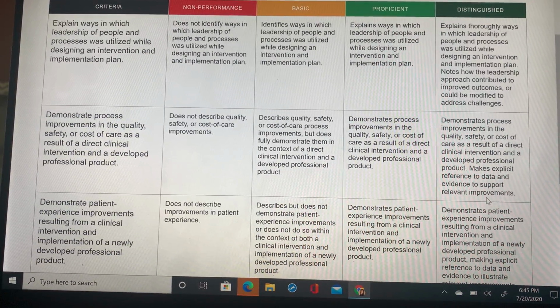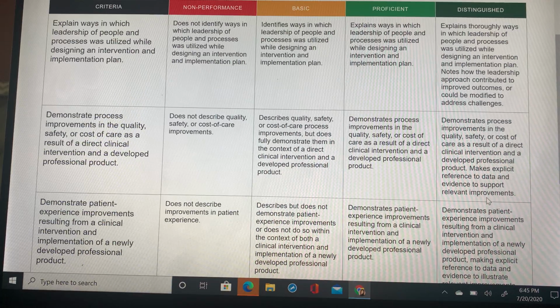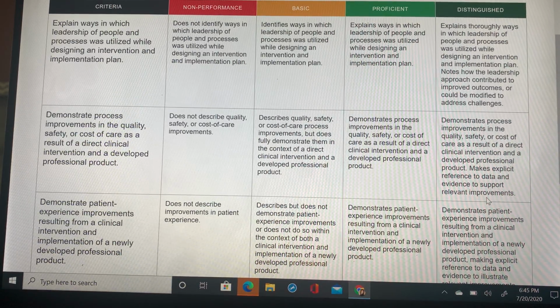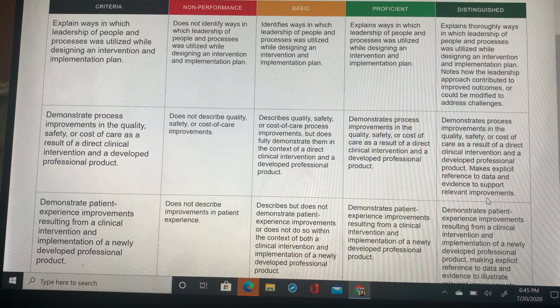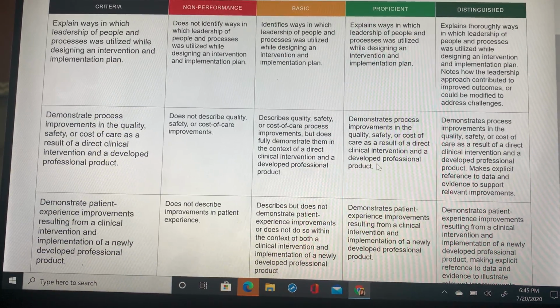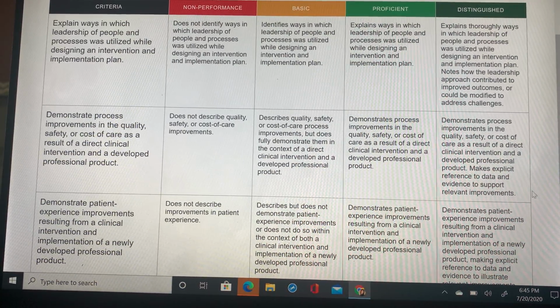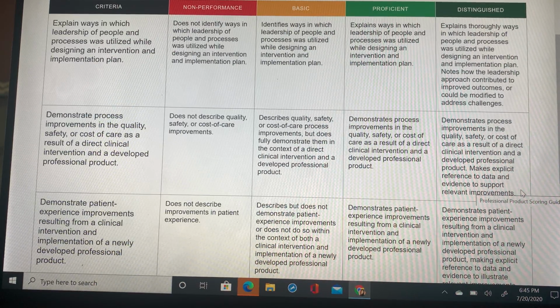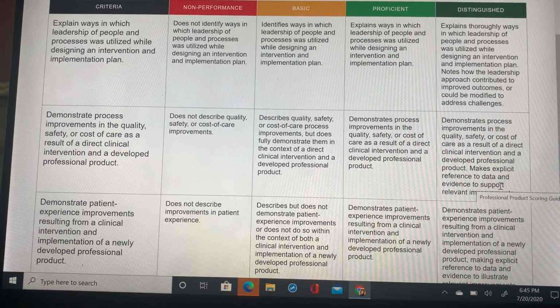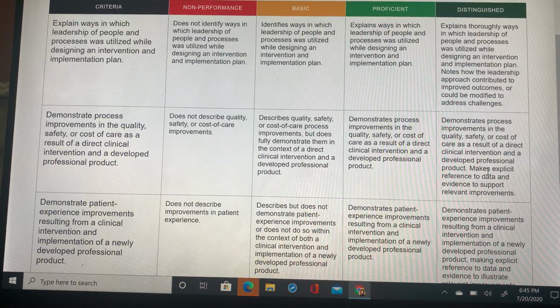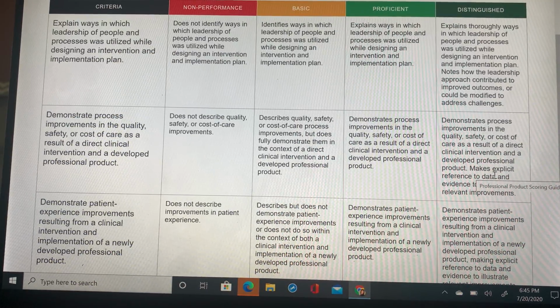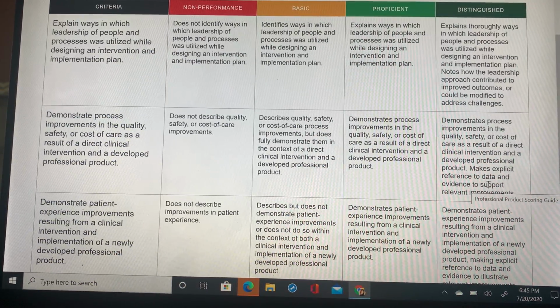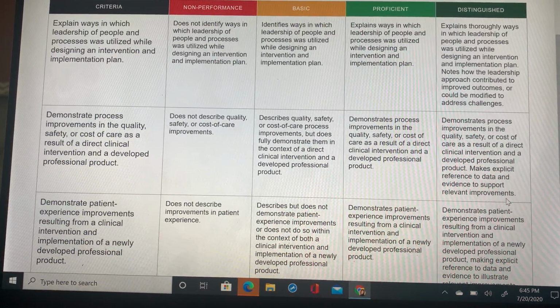So you specifically talk about what the author said. You got the resource. Where'd you get this information from? That journal, that article, whatever it is, whatever the author name was, you say John Doe speaks about blah, blah, blah. You make explicit reference to data and evidence to support relevant improvements.